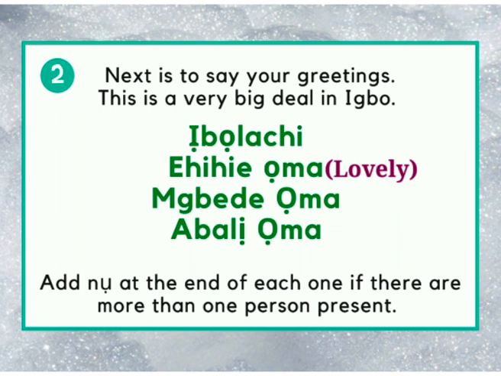So the greeting would actually mean lovely afternoon for ehihie oma, lovely evening for mgbede oma, and lovely night for abali oma. That makes abali oma distinct from the greeting kachifo, which is good night. Kachifo is the English equivalent of good night in Igbo language. Abali oma is lovely night. So in this way, there are no confusions in the both greetings.